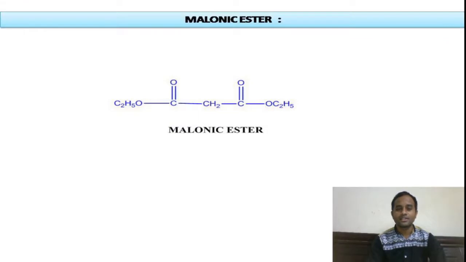And coming to the structure of this malonic ester, you can see here, this is an example of an active methylene compound, because the definition says that these are the compounds containing an active methylene group. What is an active methylene group?